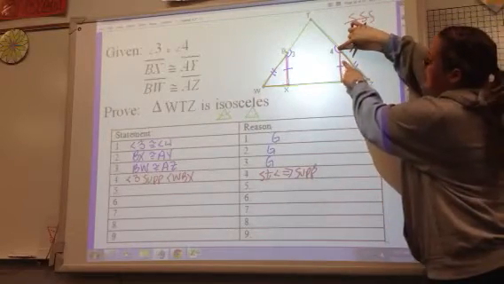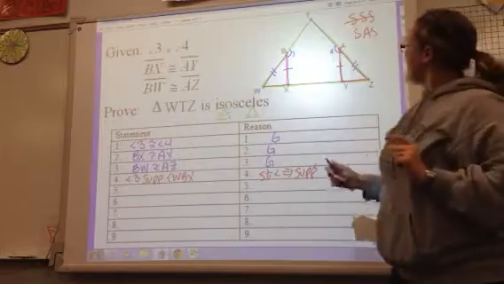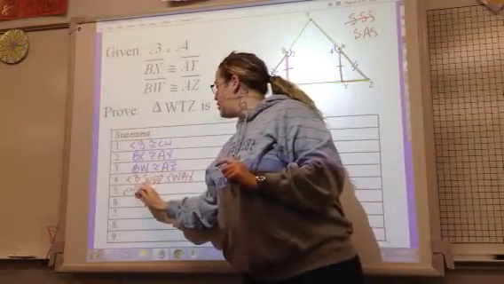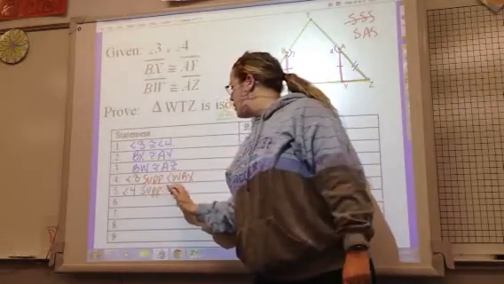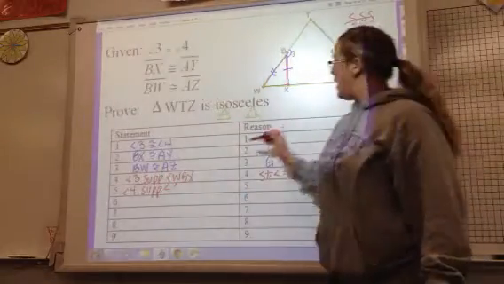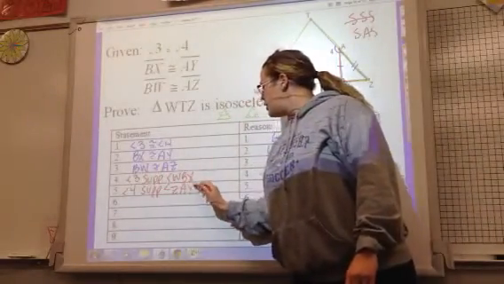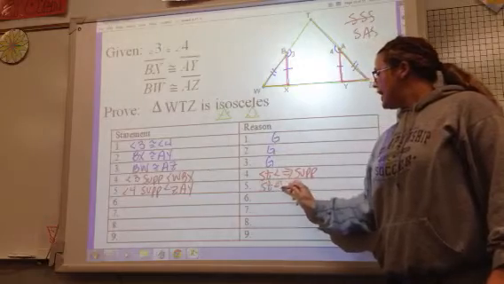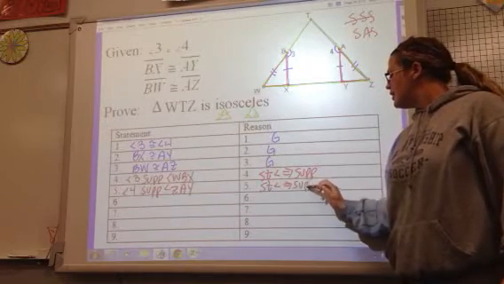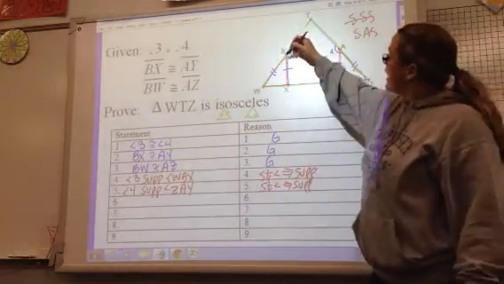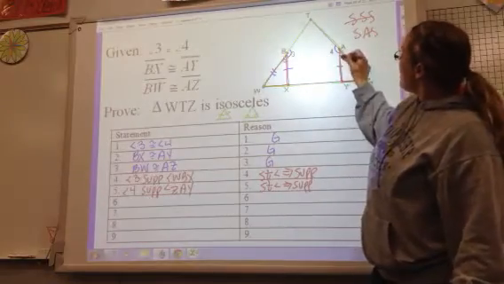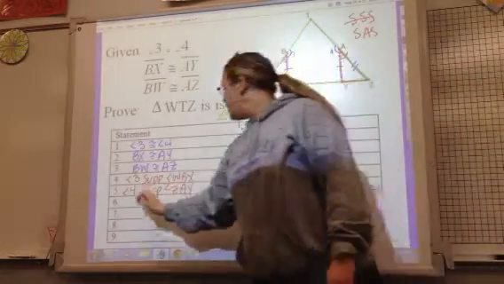Angle 4 is supplemental to angle ZAY. Same reason, straight angle implies supplemental.